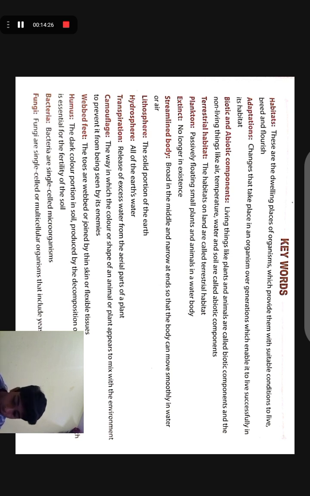Humus, the dark colored portion in soil produced by the decomposition of vegetable or animal matter, which is essential for the fertility of the soil. Next, bacteria. Bacteria are single-celled organisms. Okay. Fungi. Fungi are single-celled or multicellular organisms that include yeast, mold and mushrooms.